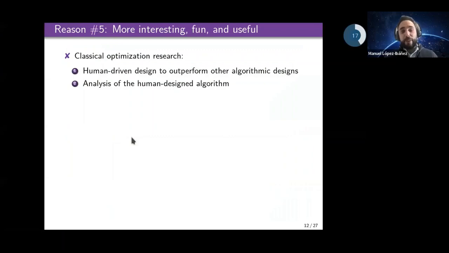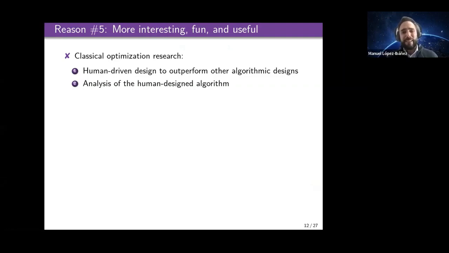Okay, so normally when I give a presentation like this, I give several reasons why this is such a good idea. But I'm going to focus on the last reason, reason 5, which is for me the most interesting, which is that this is a more interesting, more fun, more useful way to do research, at least what I believe research in optimization should be.